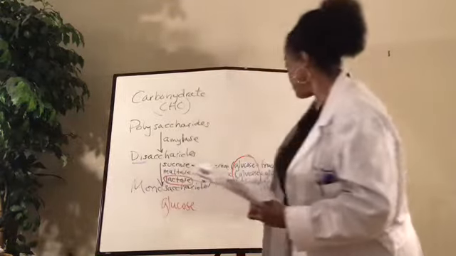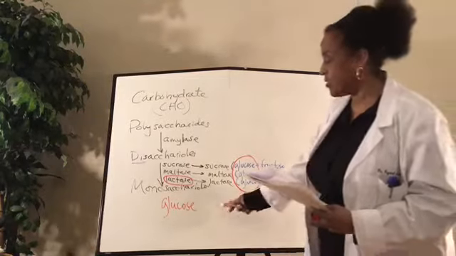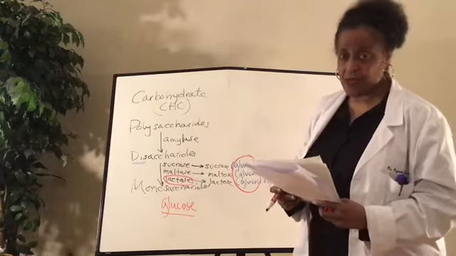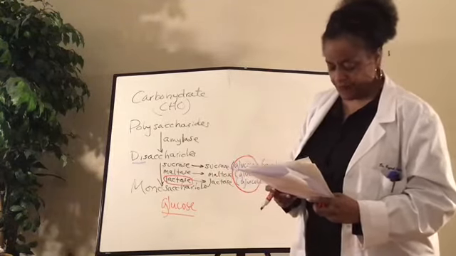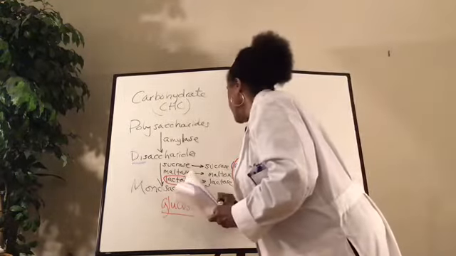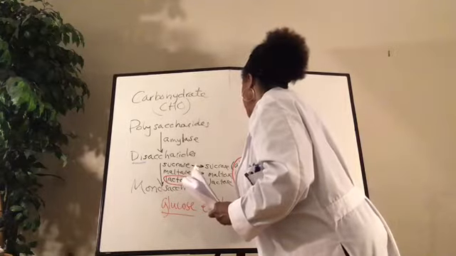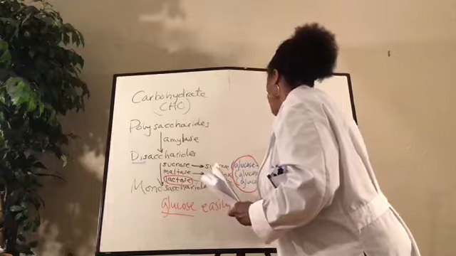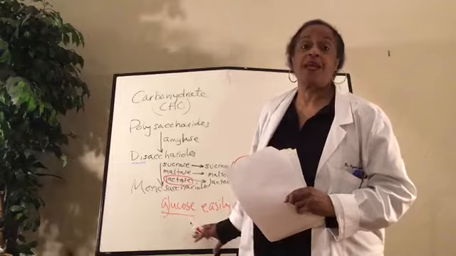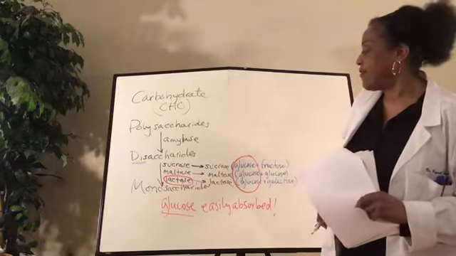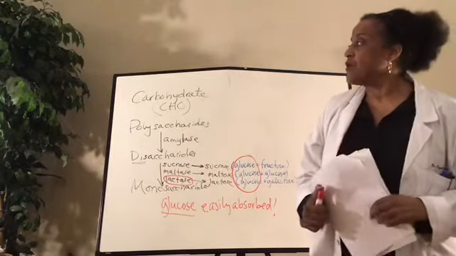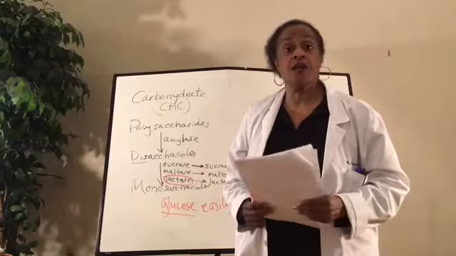Fructose, glucose, and galactose are all monosaccharides, but glucose is the main one, and that is our end product of carbohydrate digestion. Very easily absorbed. And this is the one our brain craves, right? That's why you don't want to go on a no carb diet, because then you're depriving your brain of the very energy that it needs and desires. Plus you can tell when you're around somebody who's not eating carbs because they're evil as hell.